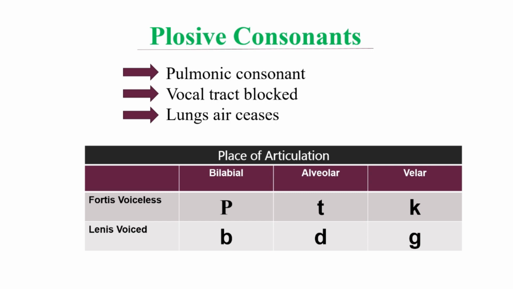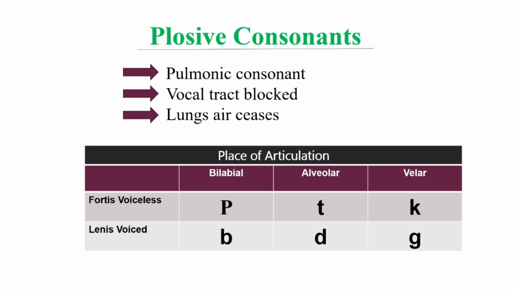There is a little difference between these two terms: fortis voiceless sounds actually require more force to produce, and lenis voiced sounds are weak in nature. They don't require much effort to produce. So that is an interesting matter.